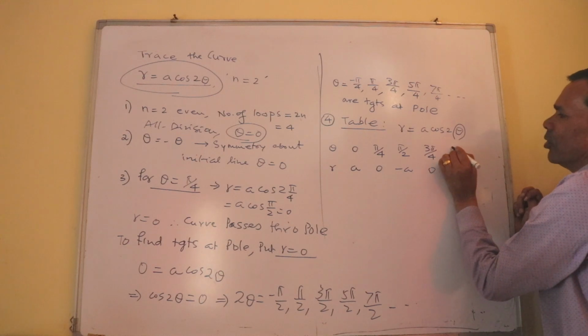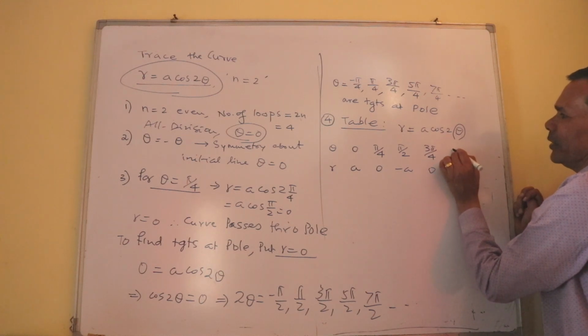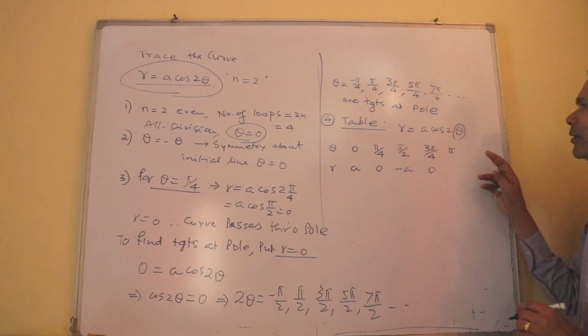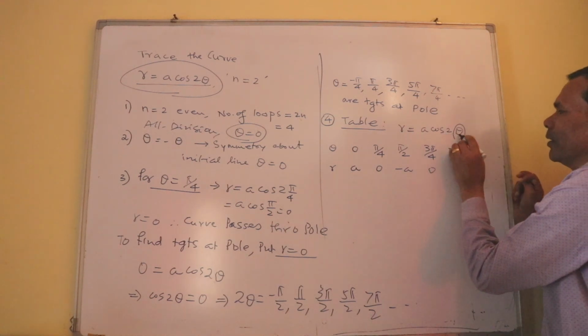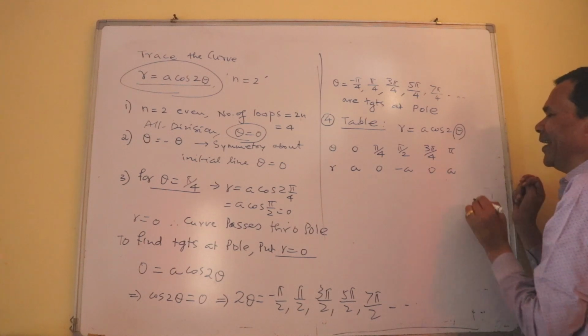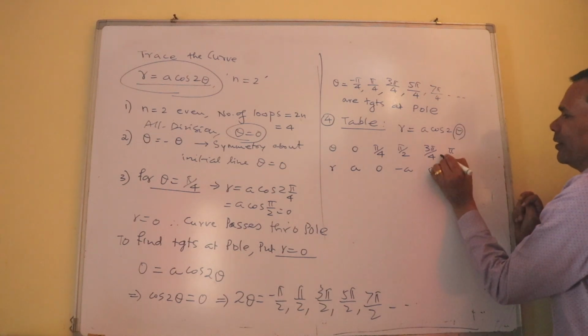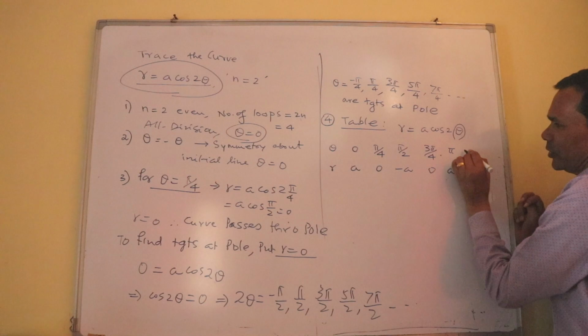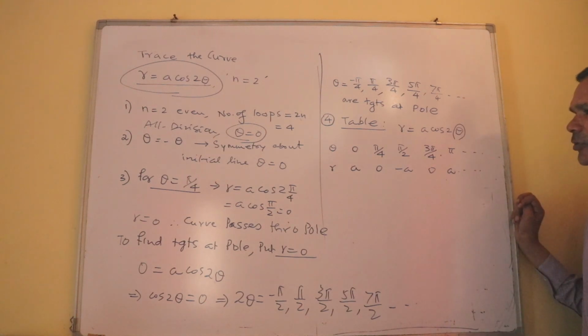Then for theta equal to pi, cos 2 pi is 1, so again a, and so on. So this is the table for these values.